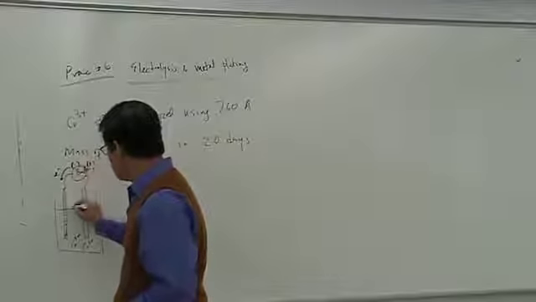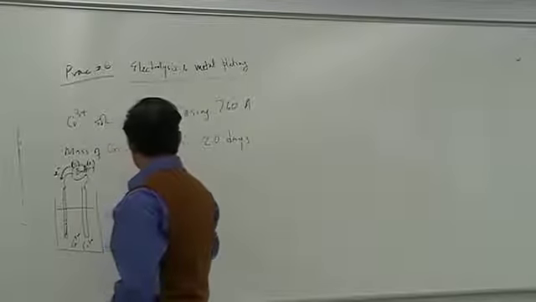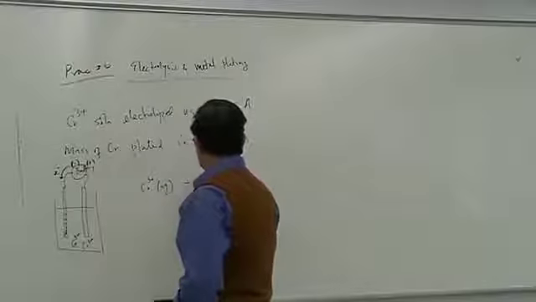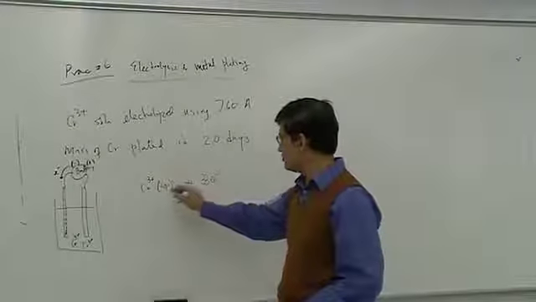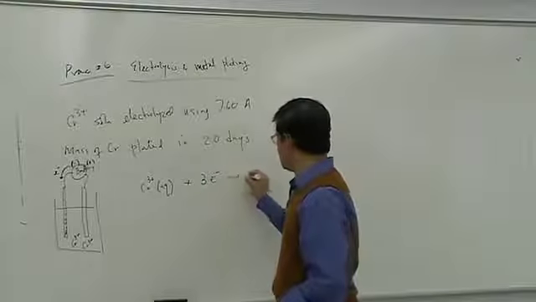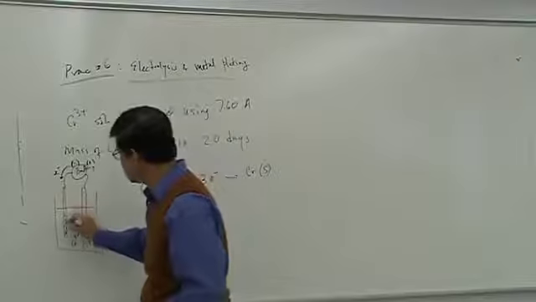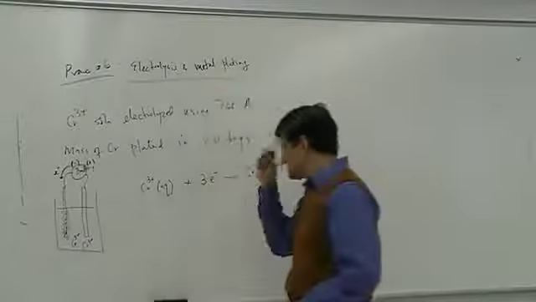So it pushes electrons out here, and this chromium 3 plus from the solution is going to grab 3 electrons. In terms of moles, 1 mole of chromium 3 plus would receive 3 moles of electrons and become chromium solid, and that's going to stick to this electrode. And that's how plating is done.